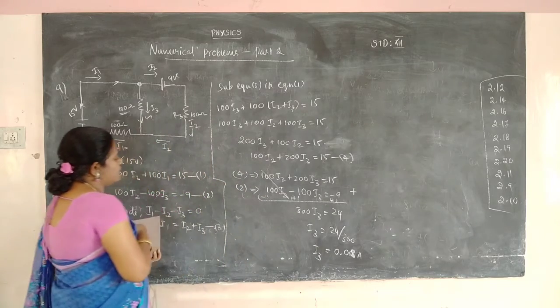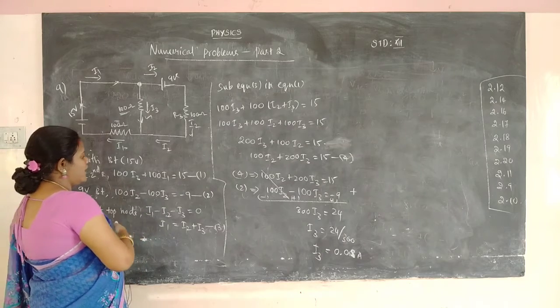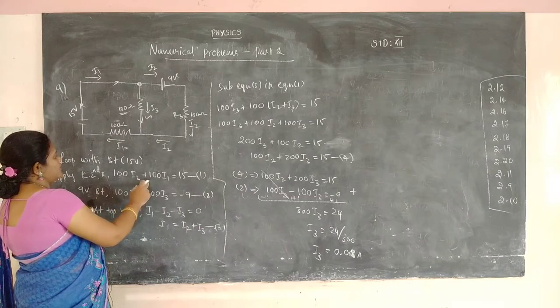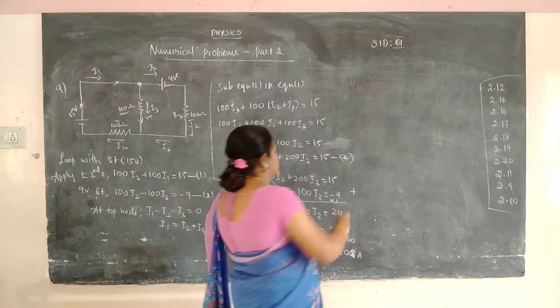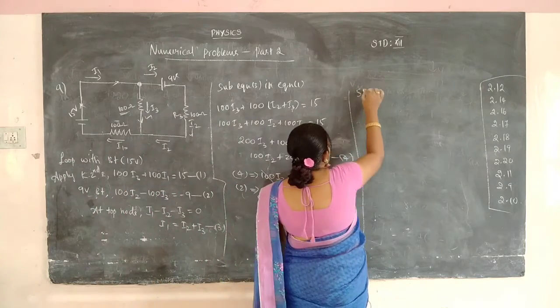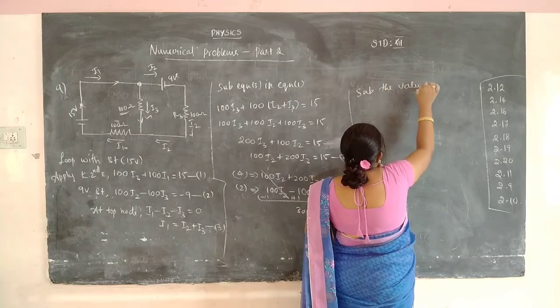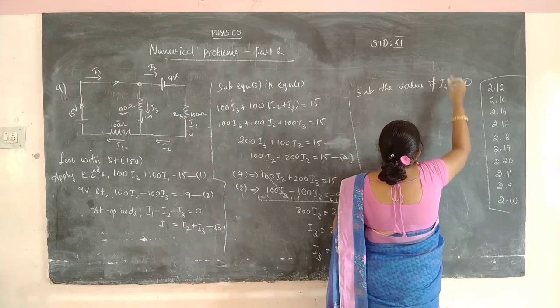So substitute the I3 value in equation 1. I3 value is there, so I substitute the value of I3 in equation 1.